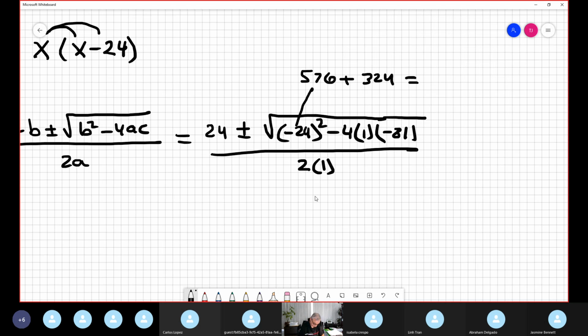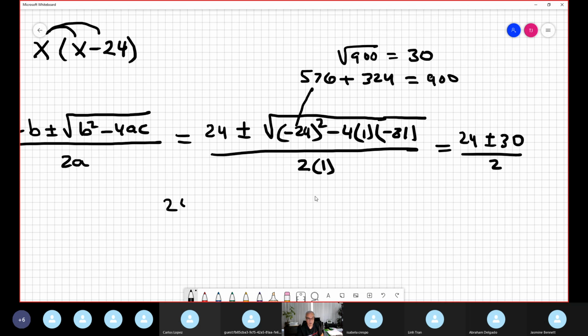Together, wow, 900. And the square root of 900 is 30. So basically 24 plus or minus 30, divided by 2.